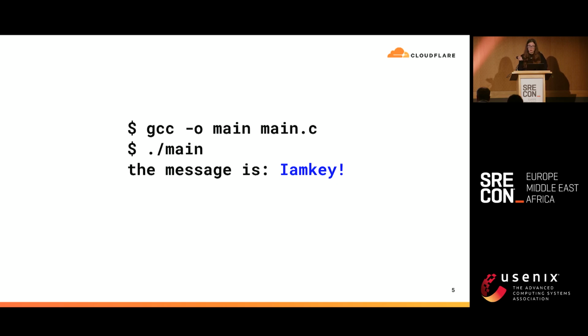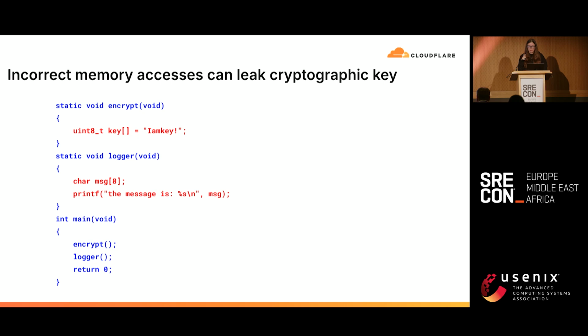But this wasn't our goal. If we come back to the code, we can see that the private key, key, is a private variable of the encrypt function. We wanted to print the message variable, which again is a private variable of the logger function. And these two functions don't exchange any variables, they don't exchange any data, they're fully isolated. So how did it happen?